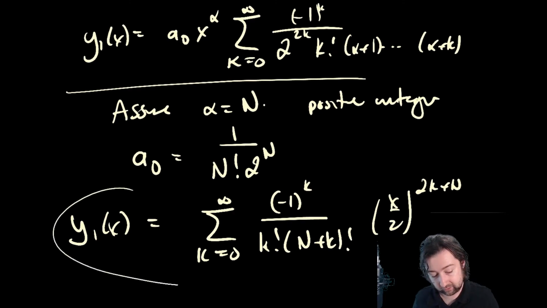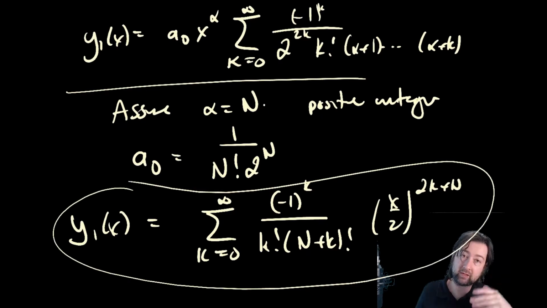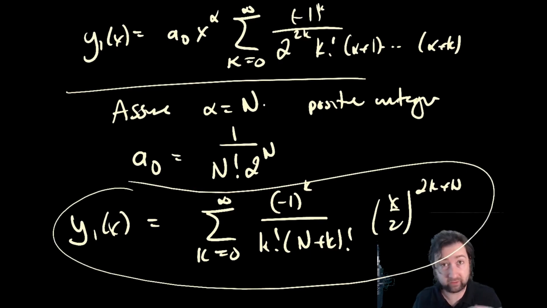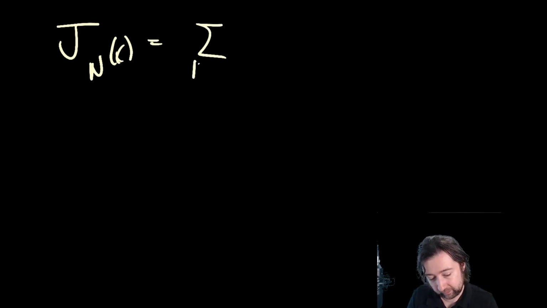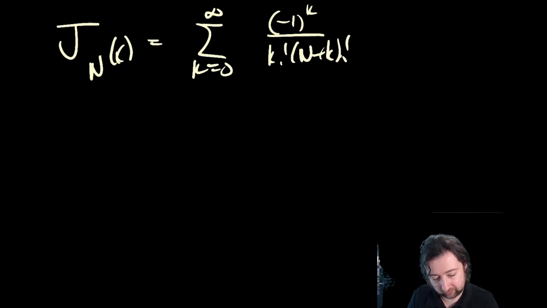And this equation right here, in the same way that those magic polynomials that solve the Legendre equation we said were super important, gave them a name, the Legendre polynomials, this function right here is so important that it gets its own name. And one of these exists for every value of n. So J_n of x, which is equal to the sum from k equals 0 to infinity of (-1)^k over k factorial times (n + k) factorial times (x/2)^(2k+n).